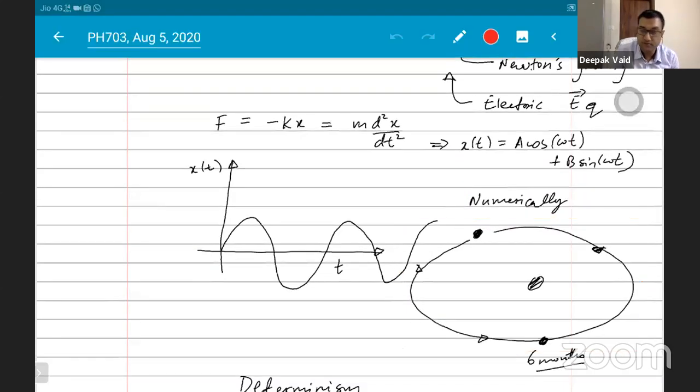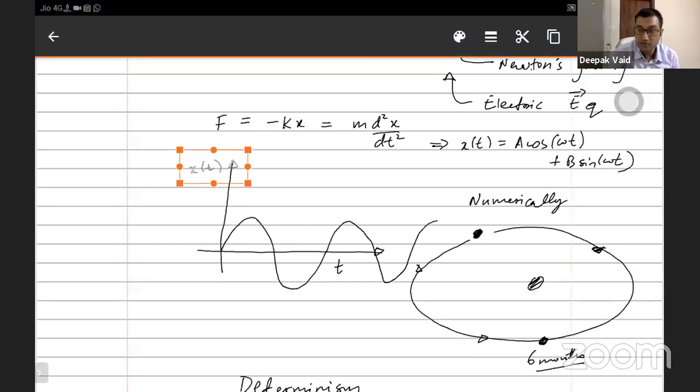Numerically means you have several algorithms, several procedures. You start with some given assumption for the equation, and then you iterate, or you have various approximation schemes, and so on. The end result is that you find that the motion of your system can be described as some function of time, let's say.